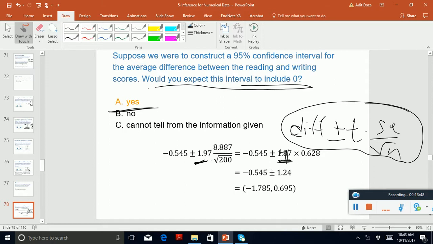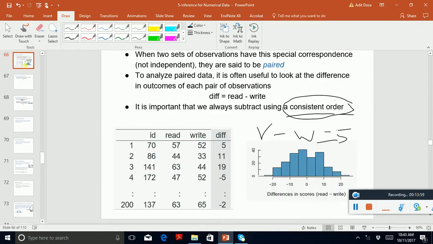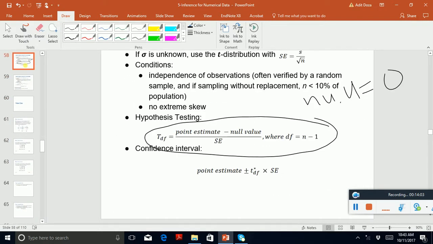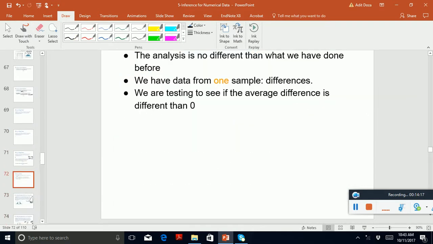Isn't standard error equal to standard deviation divided by root n? Standard error, yes. So let's go back there. Okay, it's the standard deviation over root n. Yeah, you're right. So, okay, let's see. Yeah, I should have written standard deviation. That's a good point.